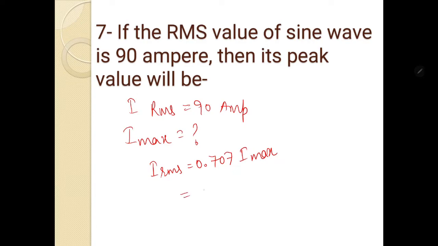So Imax is equal to 90 upon 0.707, that is 127.29 amperes. The full form of BEE is Bureau of Energy Efficiency.